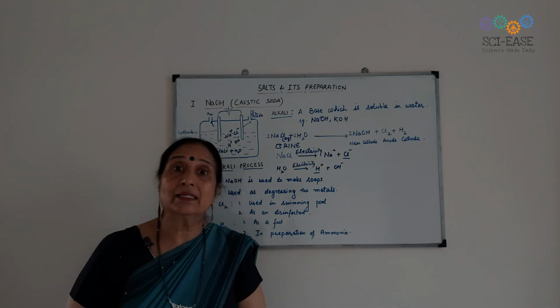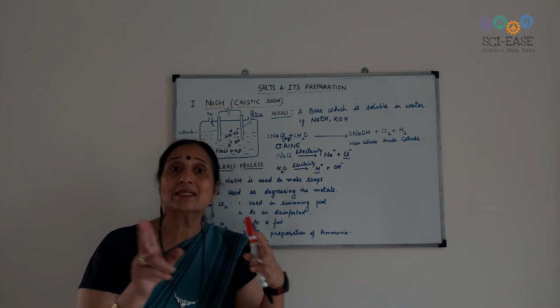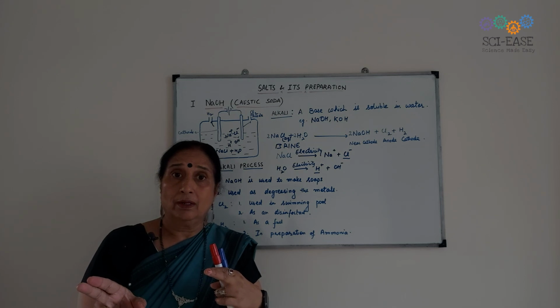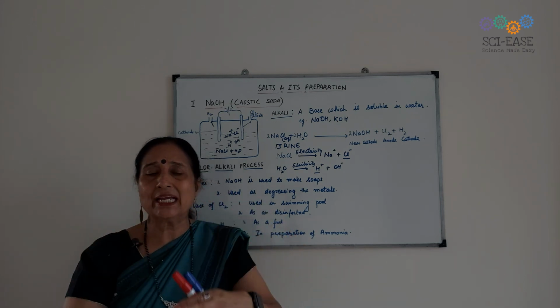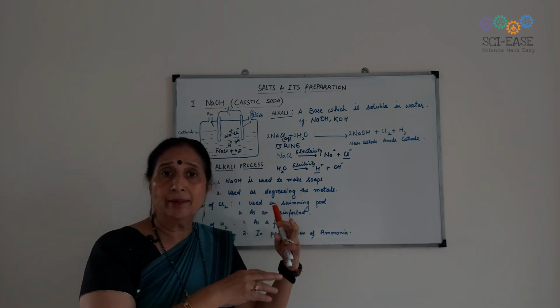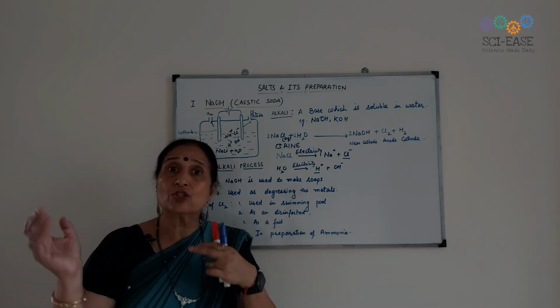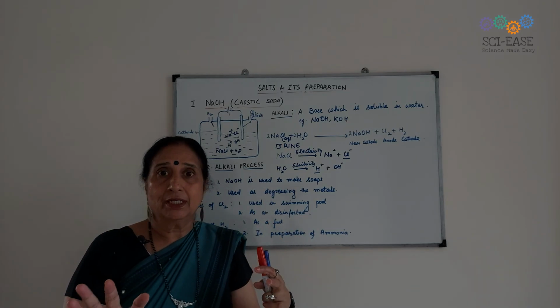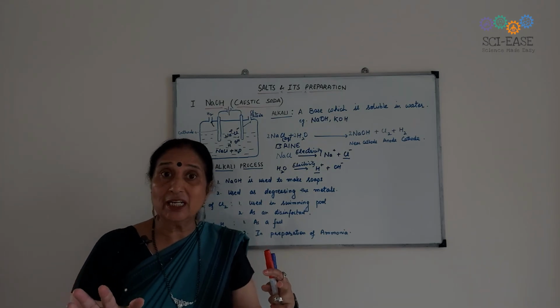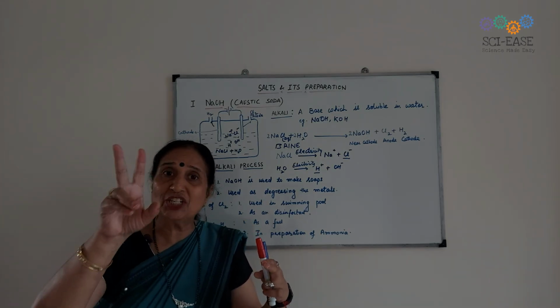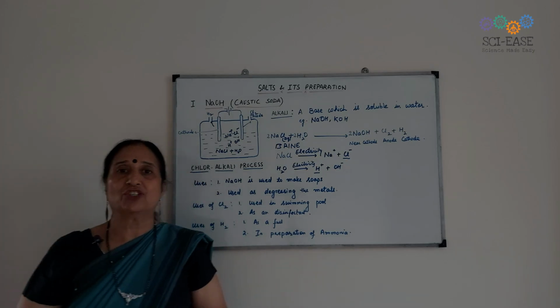Now, for all these compounds, washing soda, baking soda, caustic soda, bleaching powder and plaster of Paris, there are 5 salts in your syllabus. We will do the preparation and 2 uses of each.